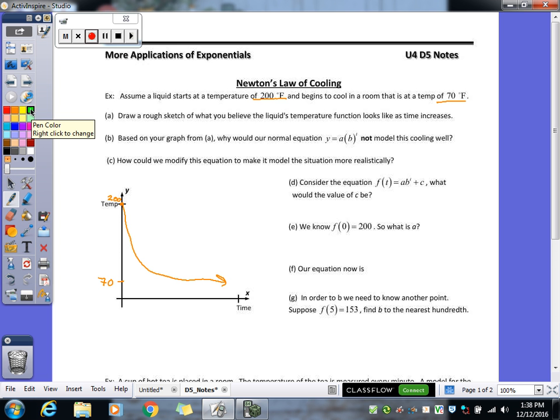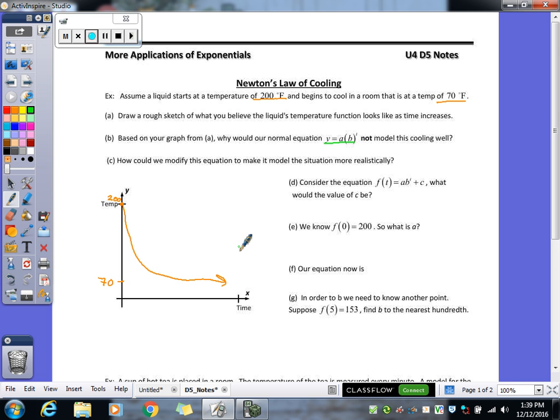So based on the graph that we just drew, why would a times b to the x not model this situation? Danielle? Not quite. A times b to the t. If you graphed it, what does that get closer and closer to but doesn't touch? 0.